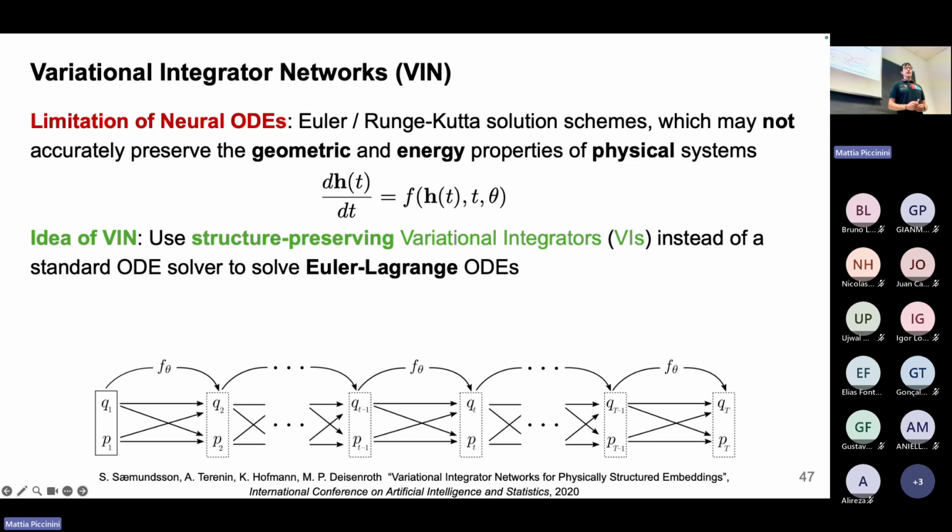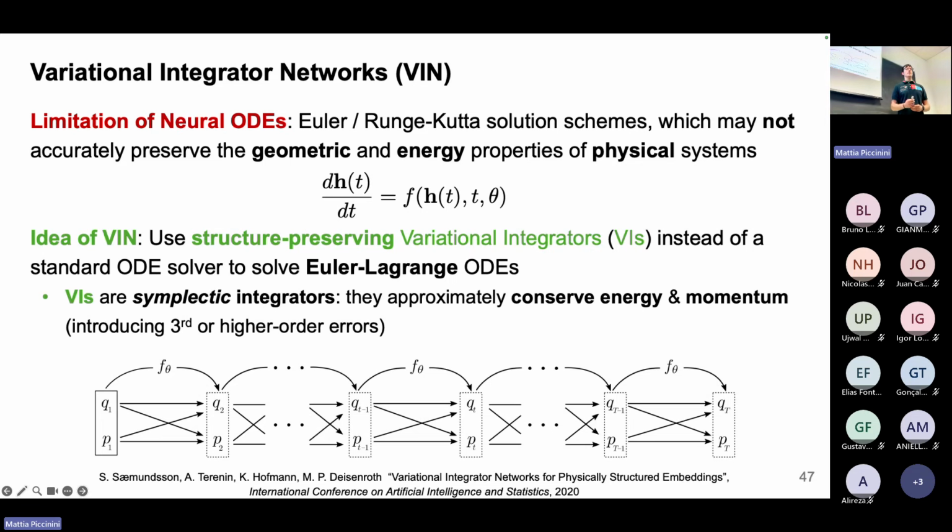So the idea of variational integrators and variational integrator networks, VINs, is instead to use symplectic integrators, as they call them. So structure-preserving integrators that have a particular structure and can then preserve the properties of the system. They can approximately conserve energy and momentum to a higher order, for example to third order or higher, because of how they are designed.